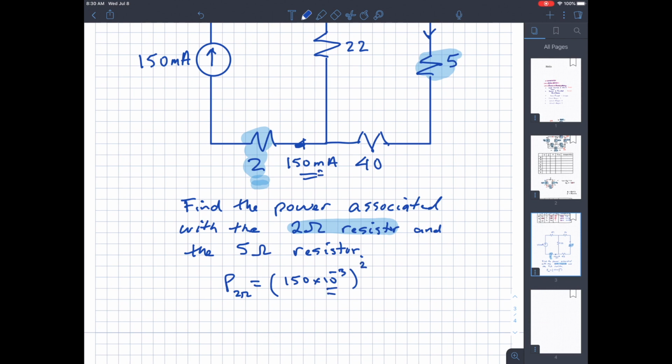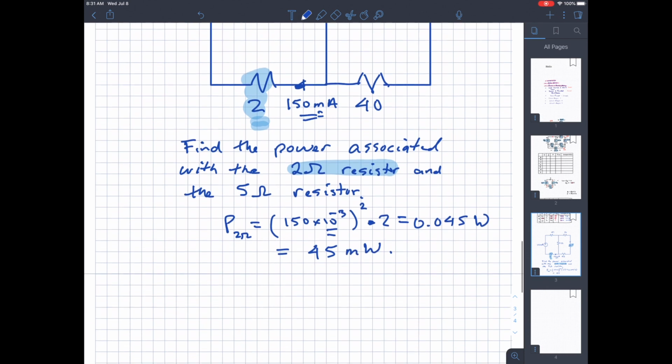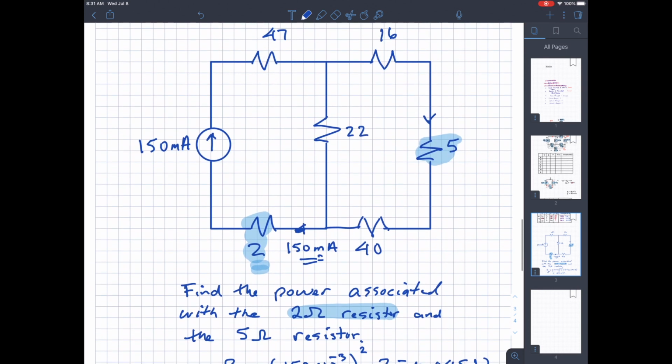I square that and multiply by 2, and when I do that, I get 0.045 watts, which is 45 milliwatts. So, easy enough. I wanted to point that out, that sometimes the things we ask for on exams, or at least part of it, is really easy, right?